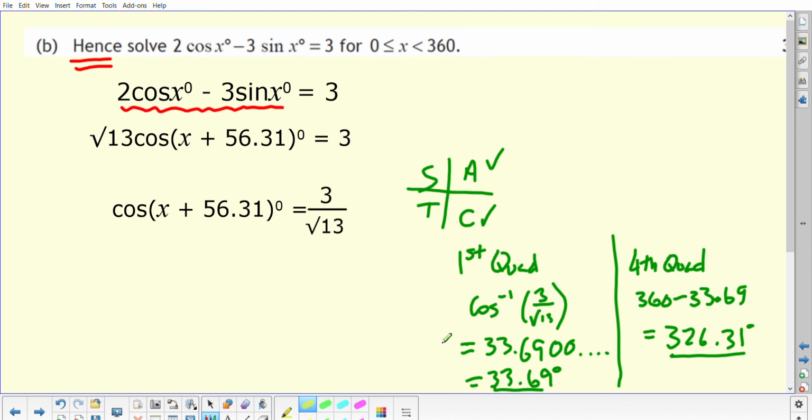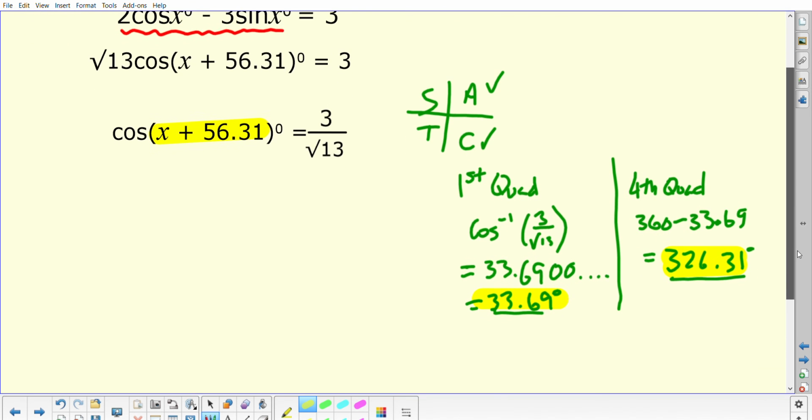Now both of those values are what the bracketed expression is actually equal to. So this here, 33.69, and this one is what that whole bracket must be replaced with in order for that to be a true statement.